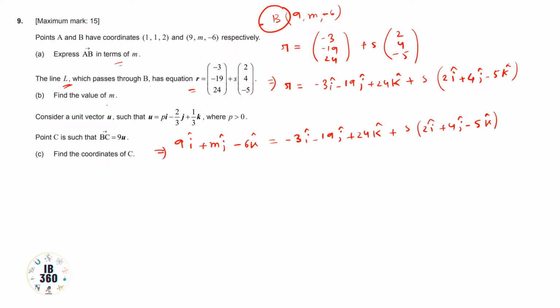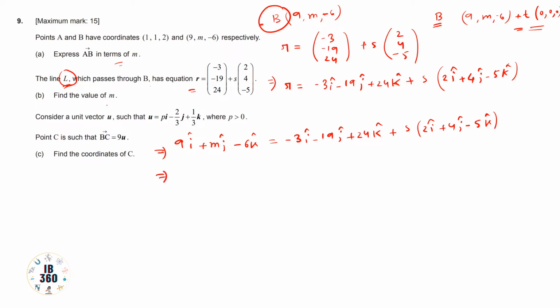Why have I written this? Because you can imagine, if B is the point, then we can also imagine the line to be like 9, m, -6 plus t into 0, 0, 0. This line and this line L will be the same line. That's why I have written this in this way and omitted this part because it is the 0 term.